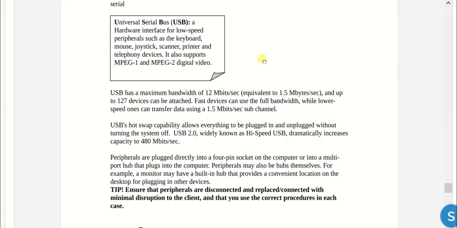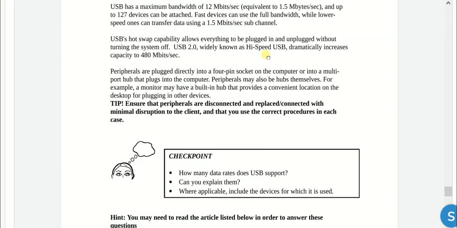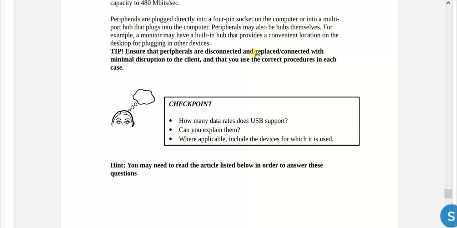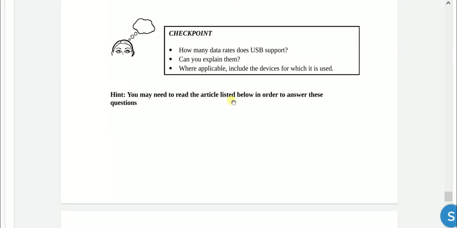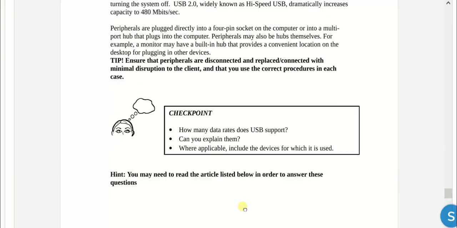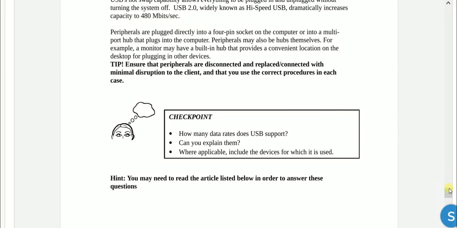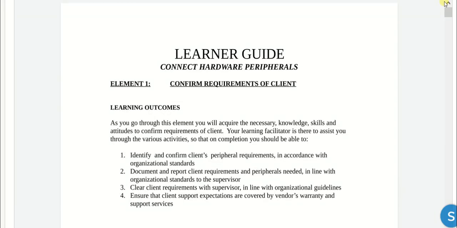All right. So that is the end of this unit. And again, let me just bring it to the top, because in this unit we looked at connecting hardware peripherals, and I gave you an overview of the various elements that we would have completed as it relates to this unit.